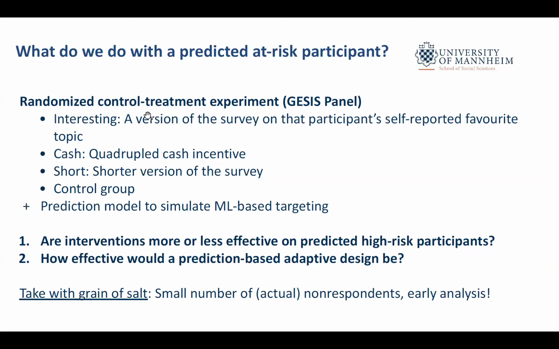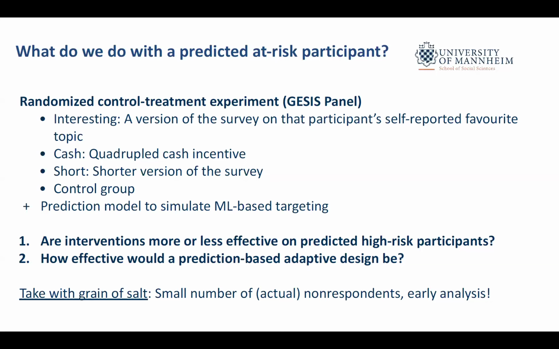But firstly, those different interventions are listed here. So we have 3 of them. The first one is a bit of an unusual or innovative intervention where the respective participants were given a version of the questionnaire that focused on their self-reported favorite topic.